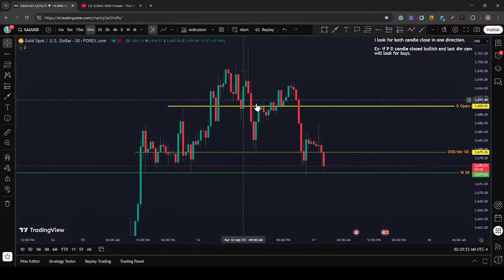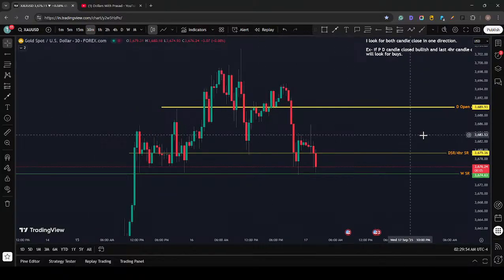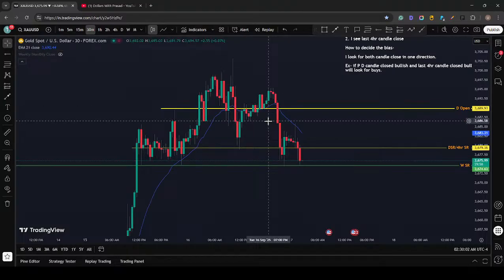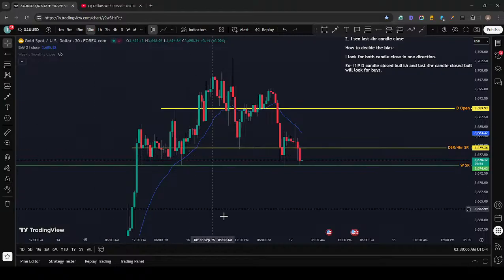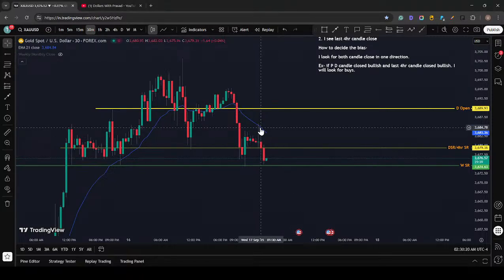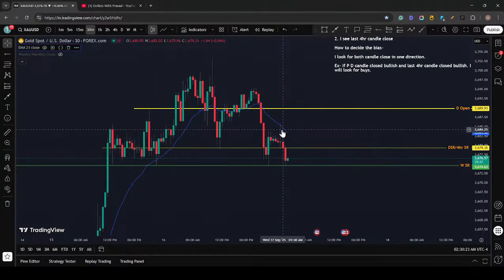I can close it. It doesn't give me anything for entries. I follow pure price action.